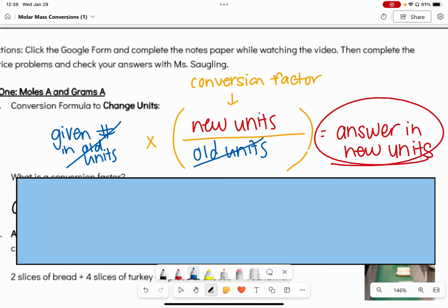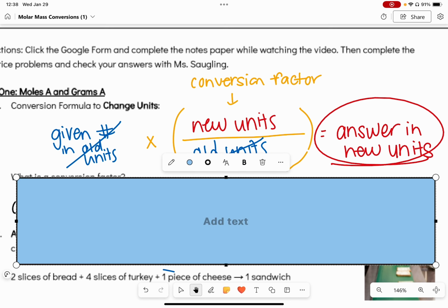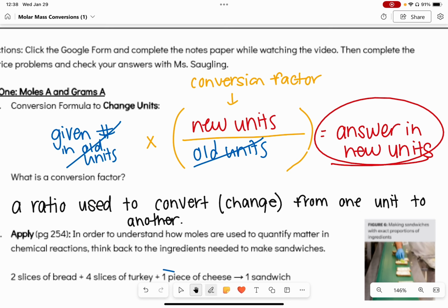Now, what is a conversion factor? A conversion factor is a ratio used to convert or change from one unit to another. So if I wanted to see how many inches are in 3 feet, I would use the conversion factor 1 inch equals, oh, that's not right, 1 foot equals 12 inches.